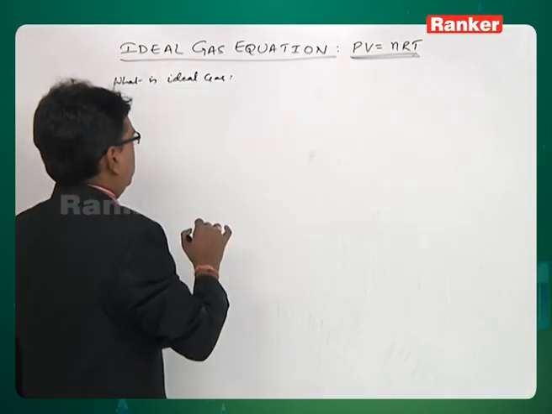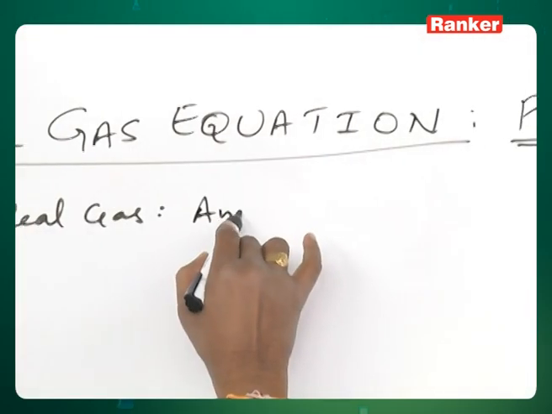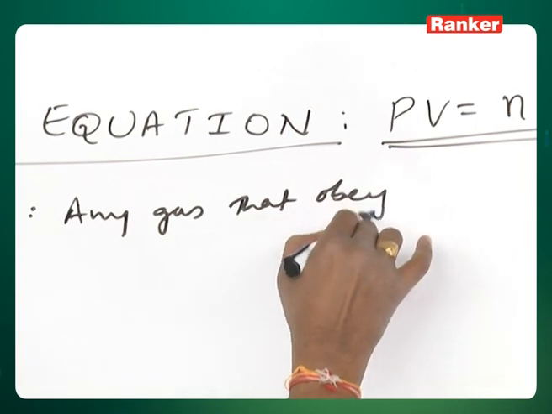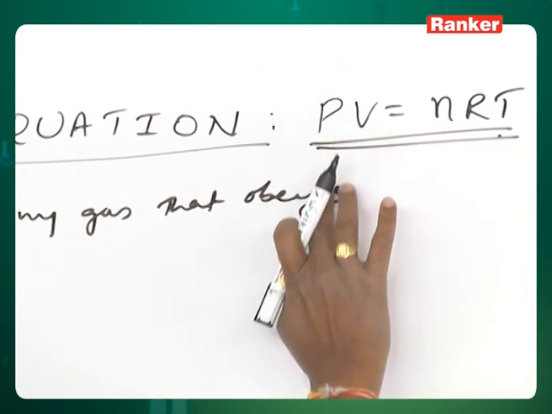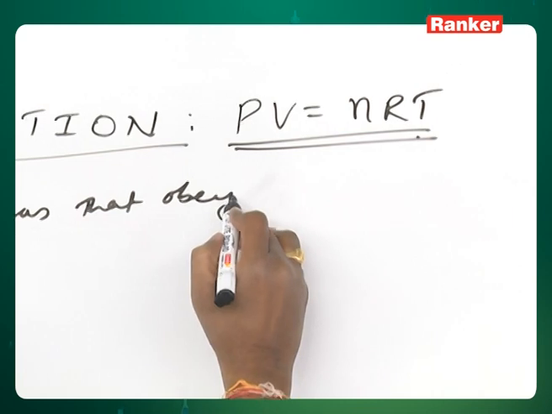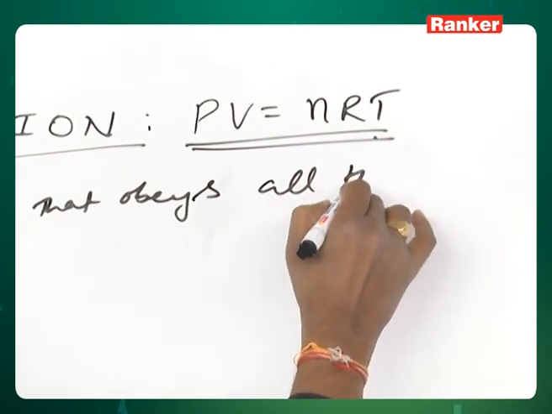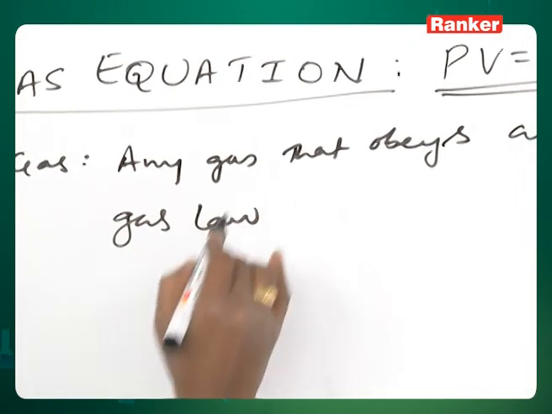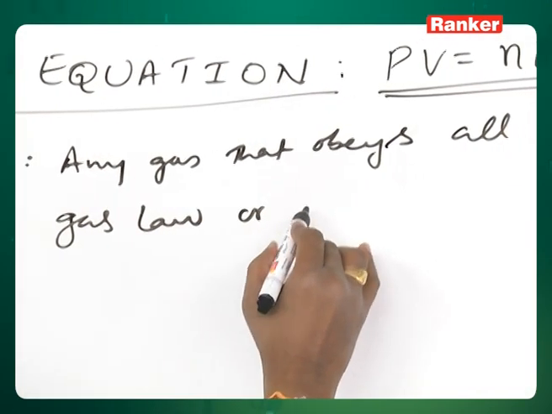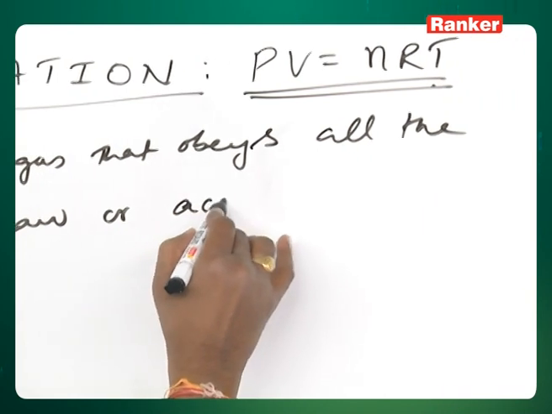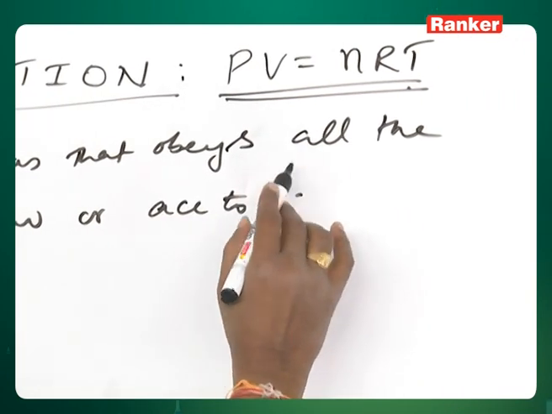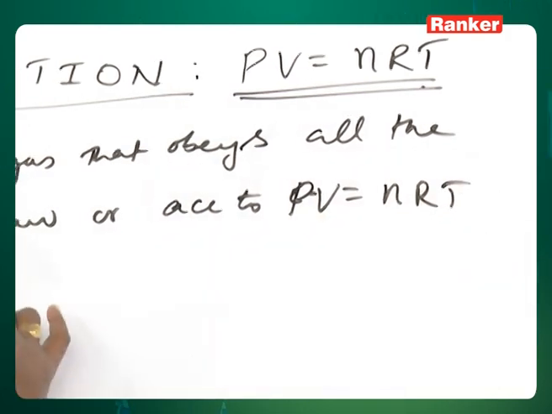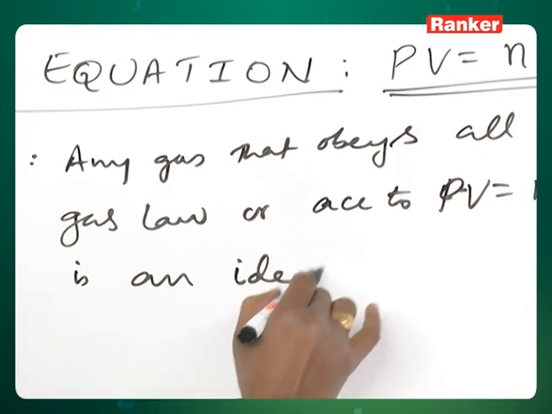The simple way we can say is any gas that obeys all the gas laws, or which behaves according to PV equal to nRT, is an ideal gas.